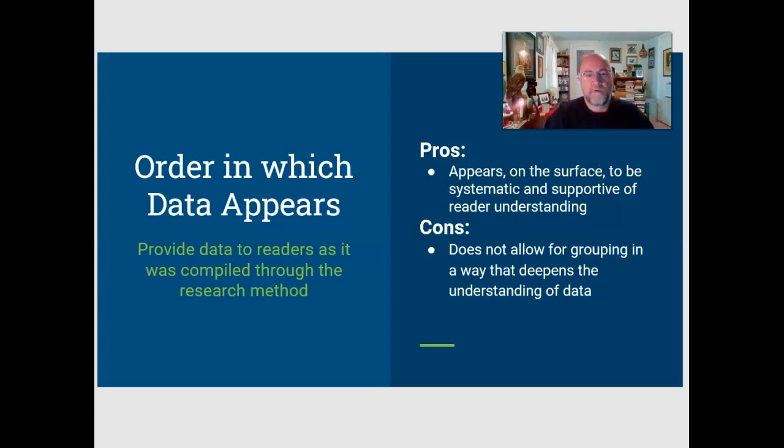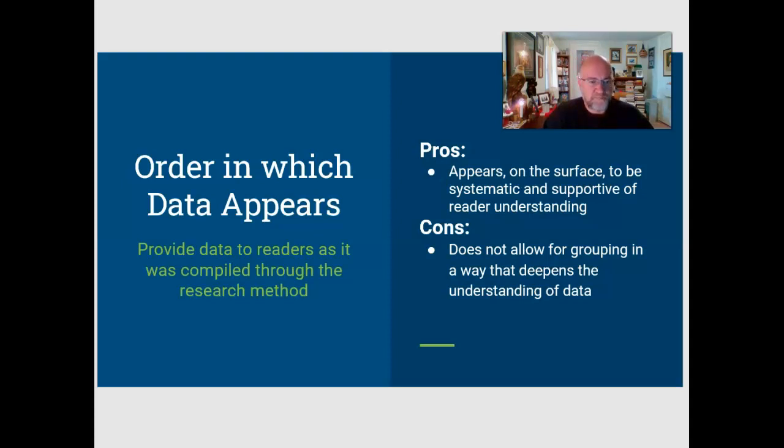The pros to this aspect is it's very systematic and it really helps the reader understand the sequence of events that happened in terms of your analysis. The problem with this one is it doesn't allow for groupings of data in a way that might help people understand your data in a deeper sense. So keep in mind, there's some pros, there's some cons, right?